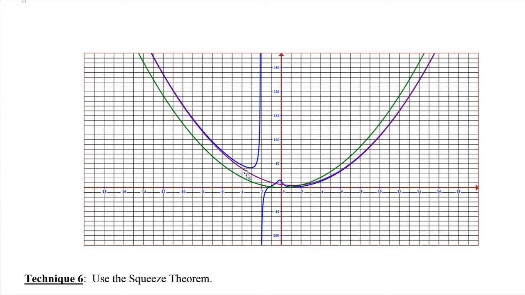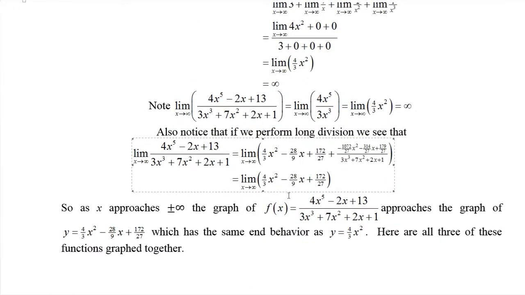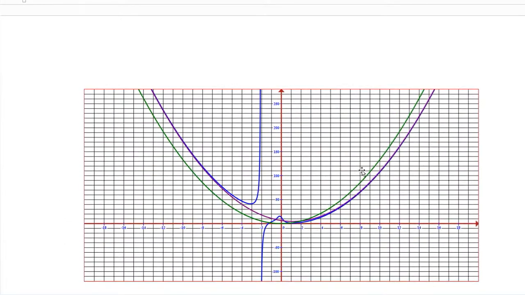Now, the actual purple one here is this function 4/3 x squared minus 28/9 x plus 172 over 27, and you notice that it becomes almost indistinguishable from the graph as you go further and further out here. Of course, they're not exactly the same, just like a horizontal asymptote is not exactly the same as the function when it has one of those, but it does approach this sort of quadratic thing.